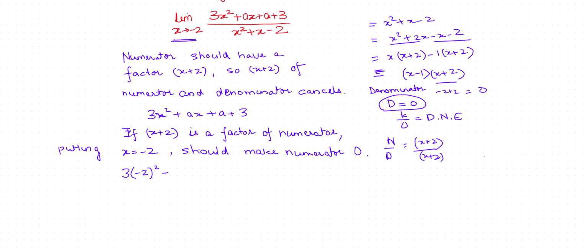a times negative 2 plus a plus 3, and this should make 0. So this will be equal to 12, minus 2a plus a, and plus 3 is equal to 0.